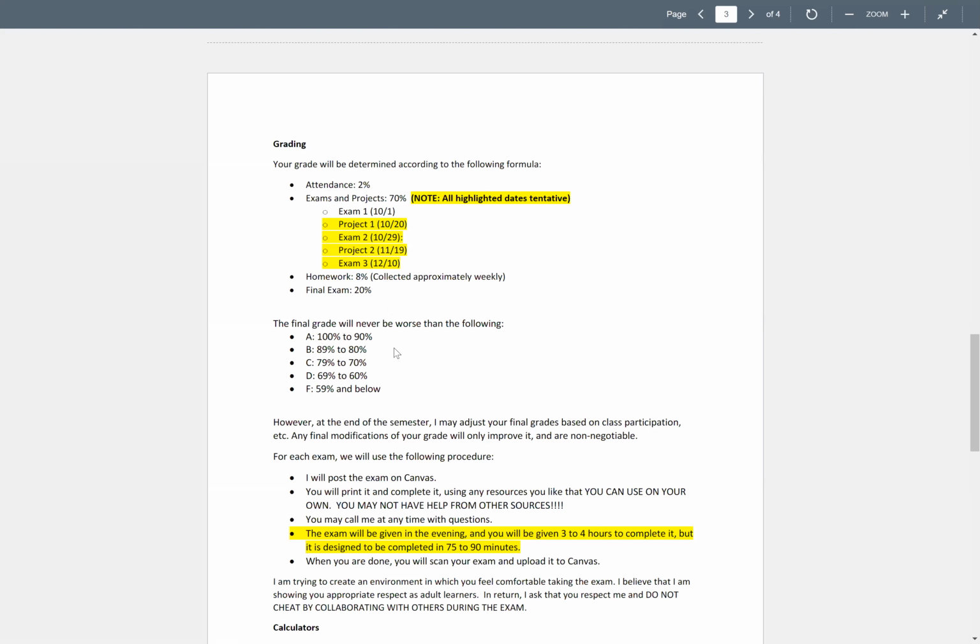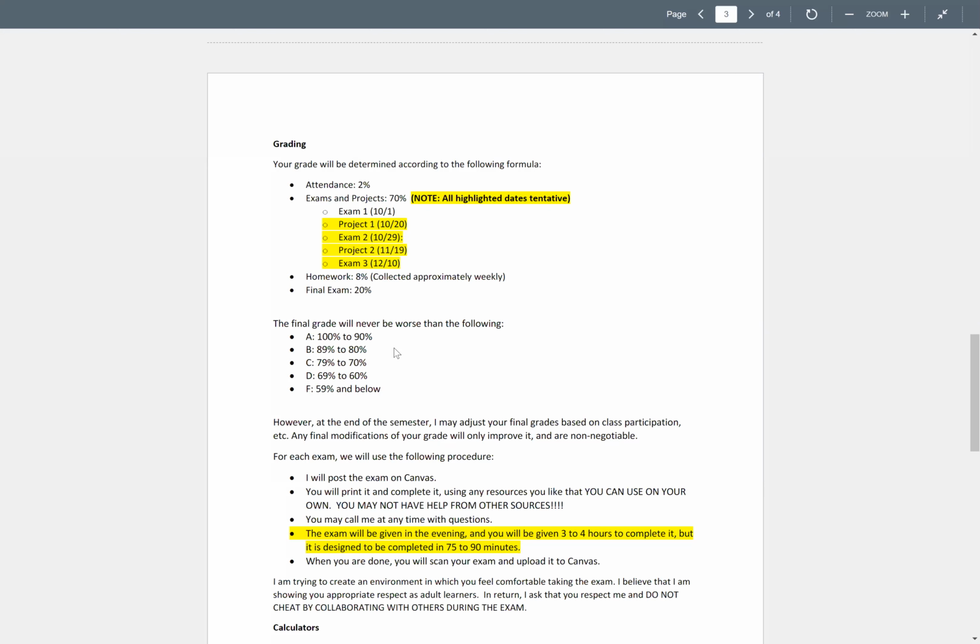The final grade, I say, is never worse than the following. All right, so what do I mean by never worse than the following? In other words, you look at that, an A is somewhere between 90 and 100. Well, what I might do is say that an A ranges from 100 to an 85, okay? People ask if I curve the course.